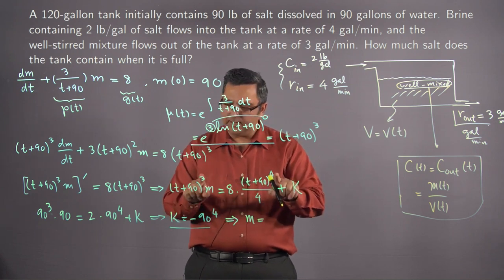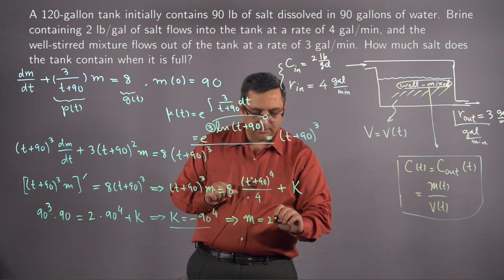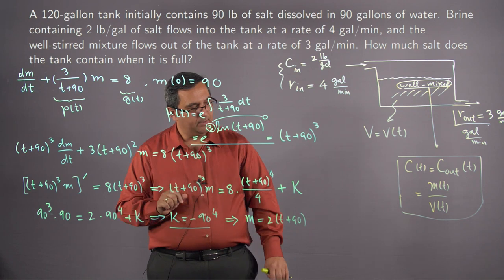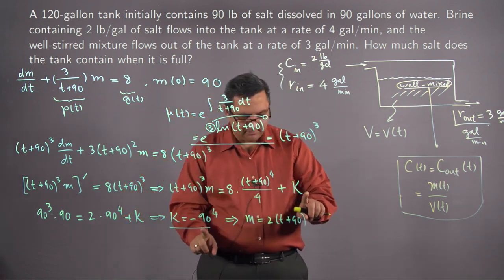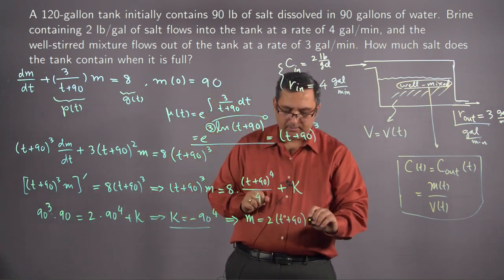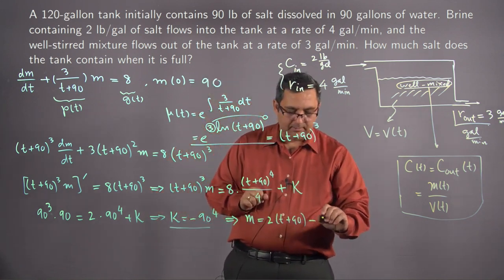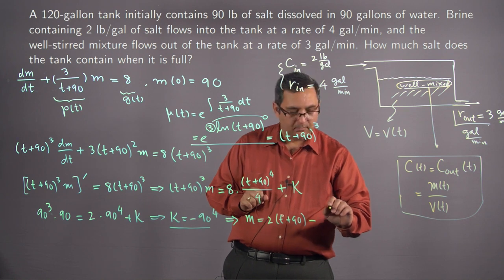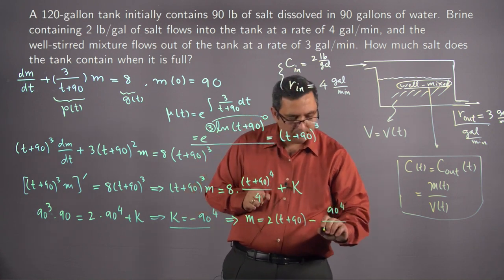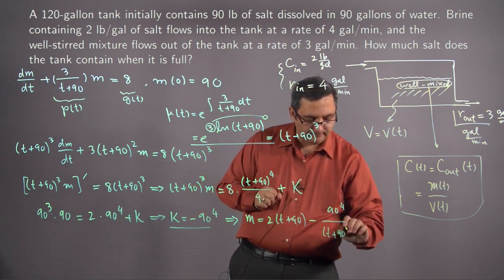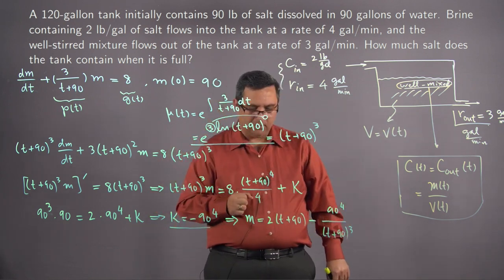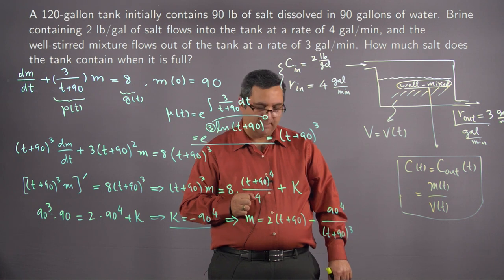When you divide it by the cube, you get 2 times t plus 90. And then you have this constant, which is minus 90 to the 4th, which should also be divided by this thing. So I can write it as minus 90 to the 4th divided by t plus 90 cubed. So this is really the formula for the salt mass in the tank for this problem.